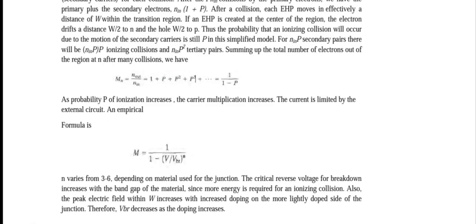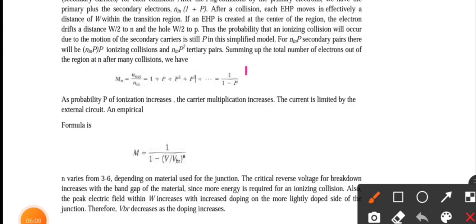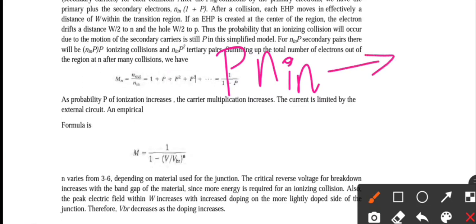Once again I'll repeat, we have n_in number of electrons, each having a probability P. So there will be P times n_in collisions. Each of the P times n_in collisions will result in P times n_in electron hole pairs.